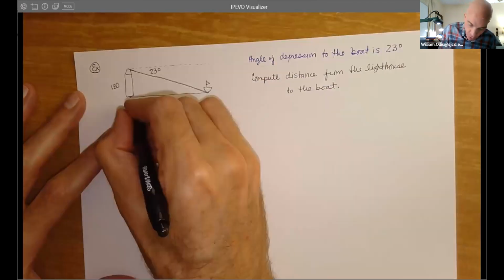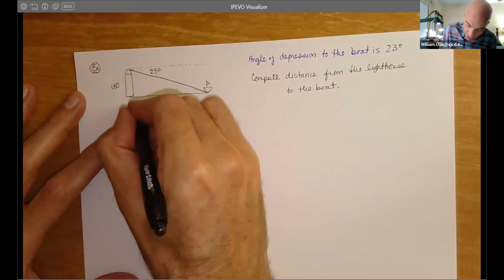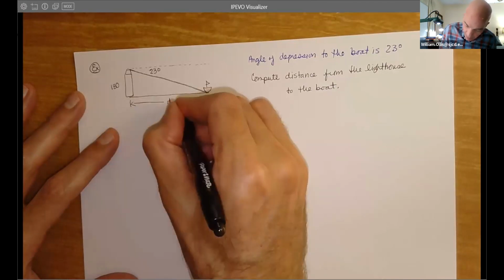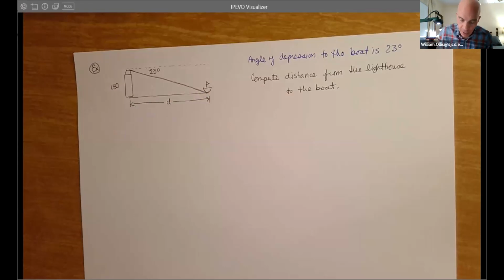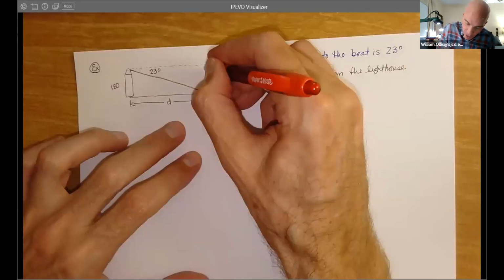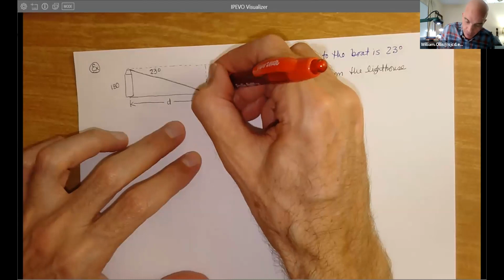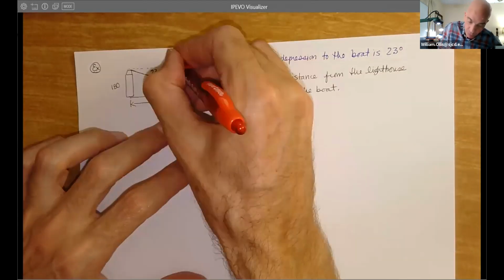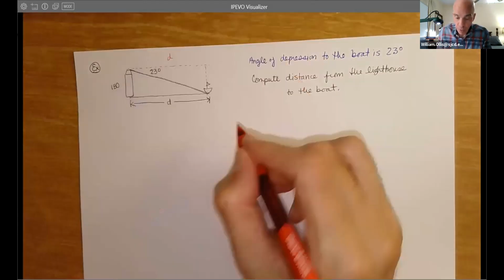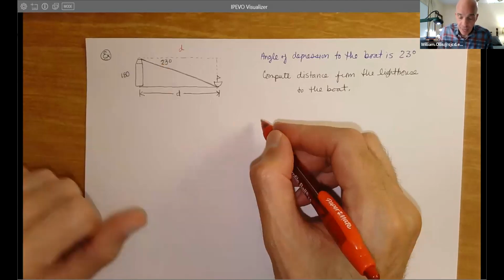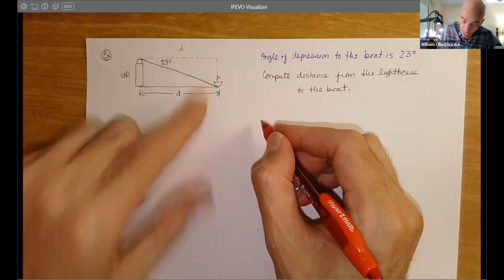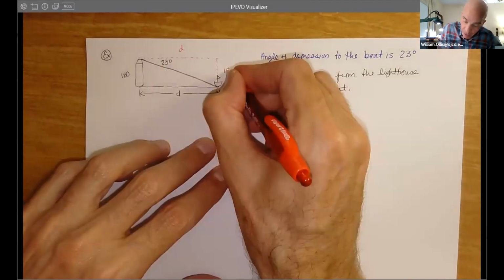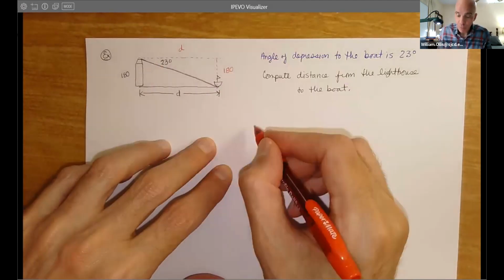What you could do is just denote this distance with the letter D. But now when you look at this, you've got basically two triangles. This also replicates D here. And then of course, if you're thinking, oh, so I could use this triangle, and the height of the lighthouse is replicated here.